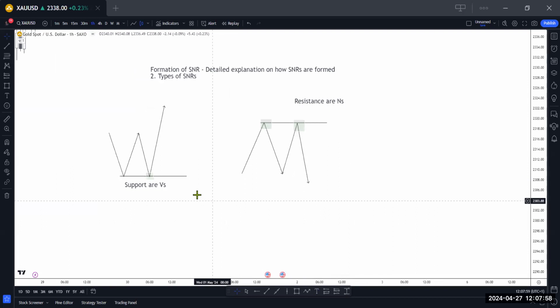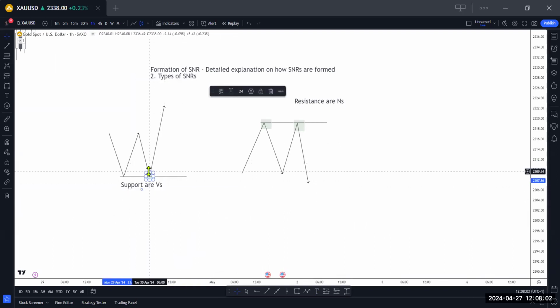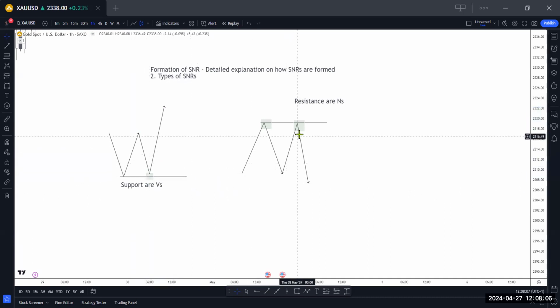I remember I said we buy at support. At support, you expect buy pressure, and at resistance, you expect the market to sell. The reason for this is because that's how the market works. That's market logic. Price will buy at support and then price will sell at resistance.